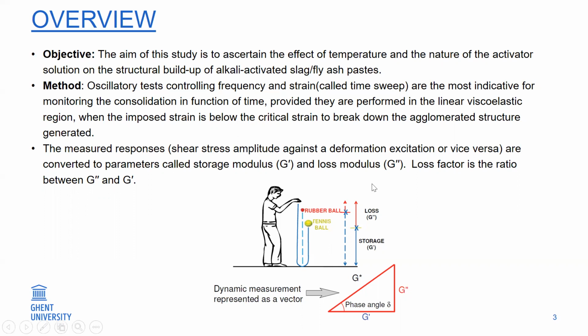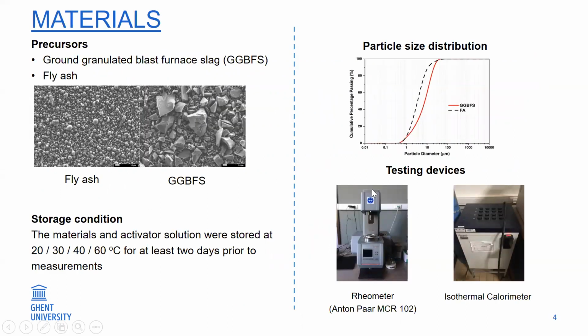Next we will see the materials we used in our study. We used two different precursors, the GGBFS and the fly ash. As you will know, the fly ash has a very spherical shape, and when you see the particle size distribution, you will find that the fly ash is finer compared to GGBFS.